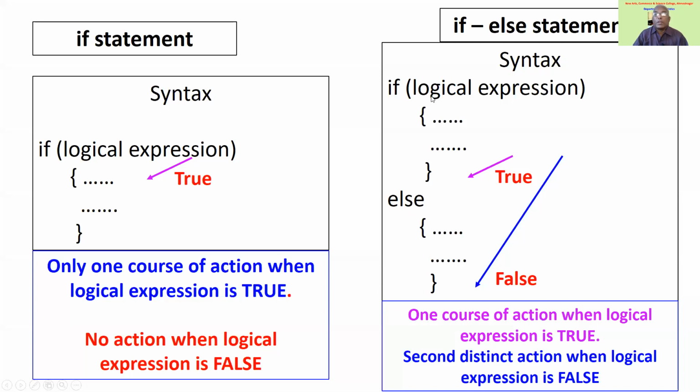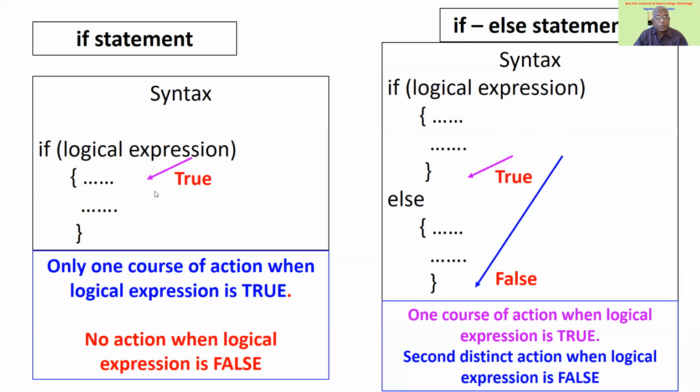If the logical expression is true, you are supposed to perform this set of action. And if the logical expression is false, you are going to perform this other action. So the if part is devoted to the true case and the else part is devoted to the false case.